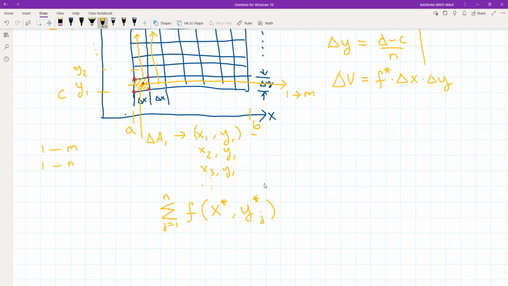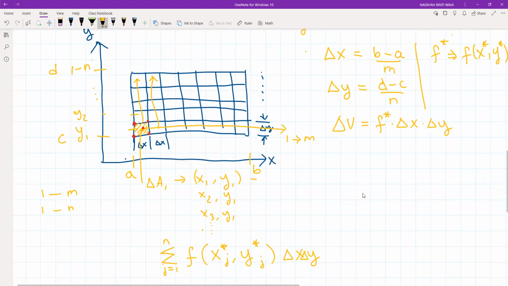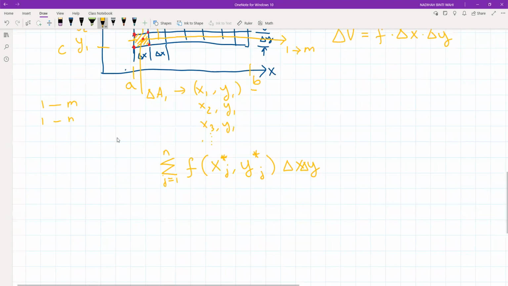Why did I put j first? And then this is also j, and then delta x, delta y. So this is only in the j direction. You need to also add in the i direction, where i starts from 1 until m.